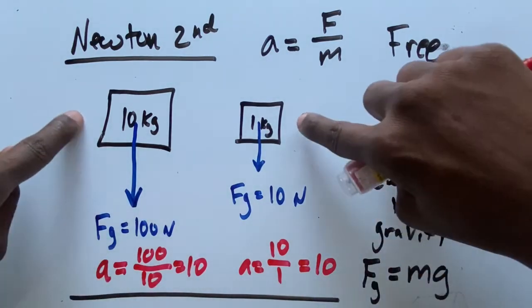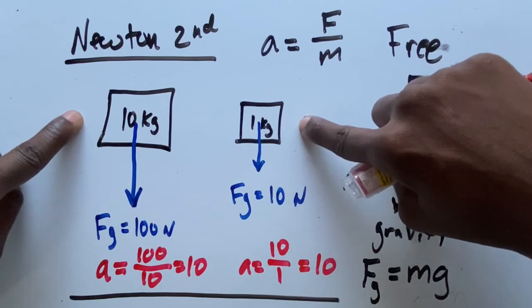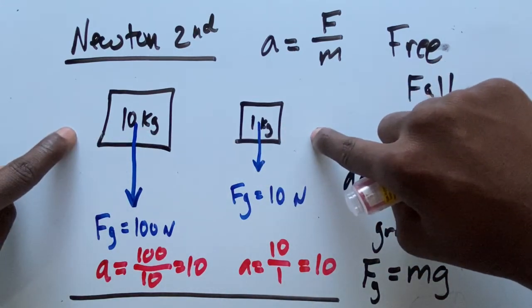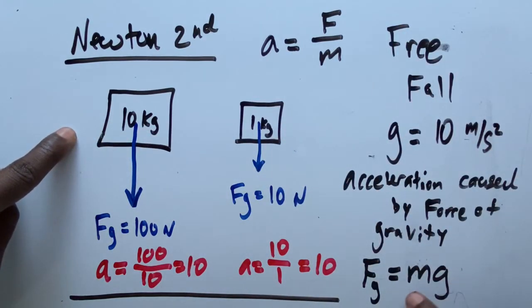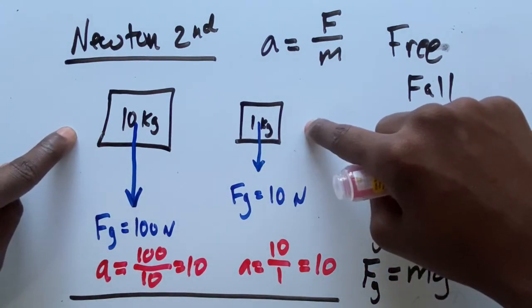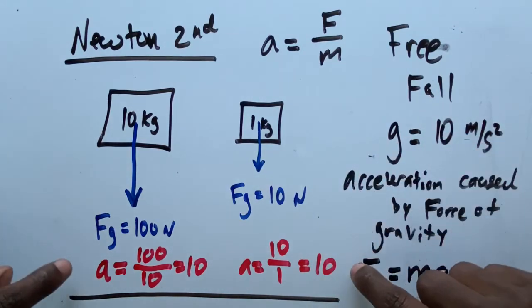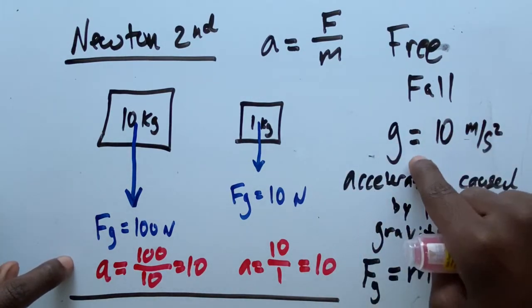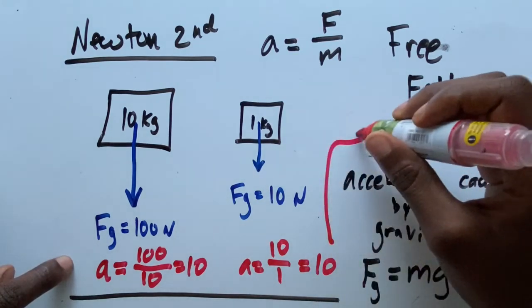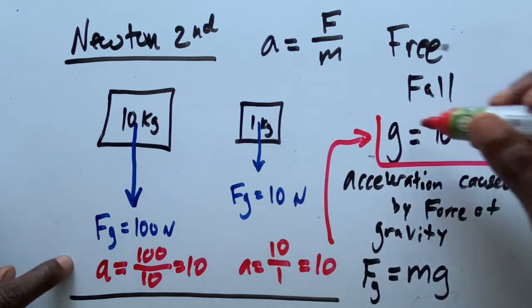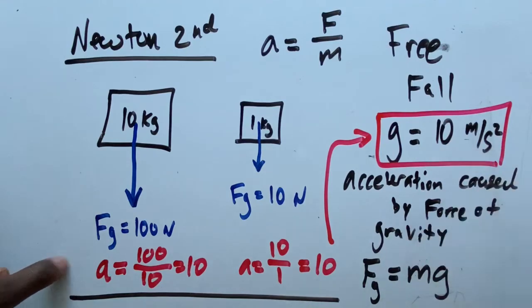So notice the force of gravity is different on both of these boxes because the force of gravity is dependent on the mass of whatever object we're talking about. But the acceleration for both those boxes is the same. So the acceleration is actually 10, which is how fast gravity is accelerating them downwards, right?